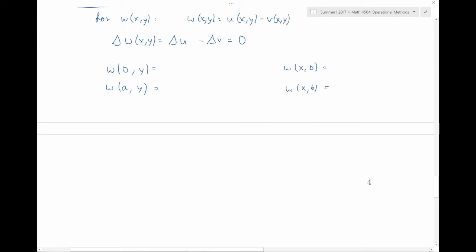But since we have the boundary conditions for u, and since w is u minus v, we can compute the boundary conditions as the boundary condition for u minus the value at the boundary of v. So this is equal to u of 0y minus v of 0y. And the same goes for all other boundary conditions.